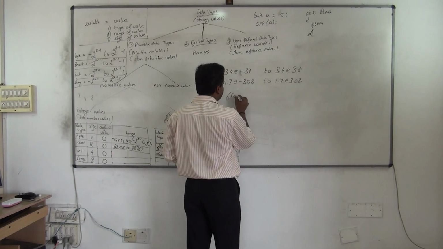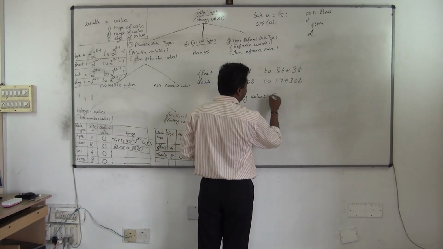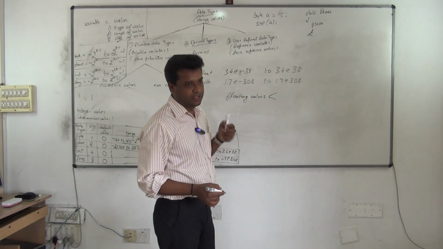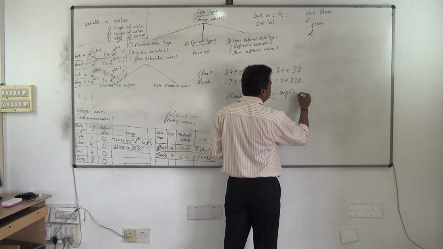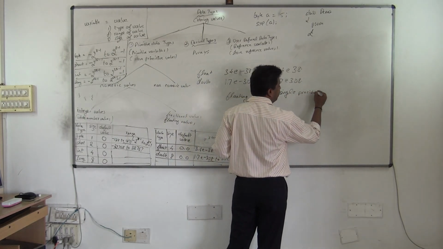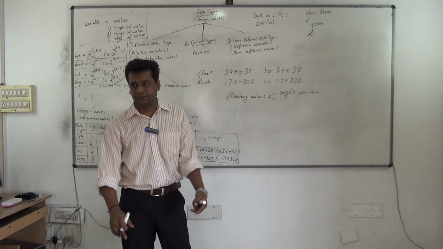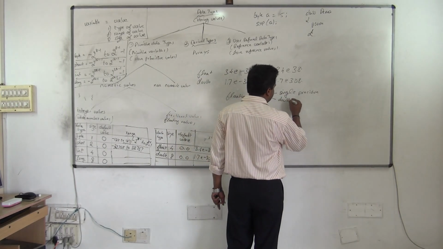First the value you understand, then we'll understand which data type. If you understand the type of value, then you'll understand which data type to choose. One is single precision, then the next one is double precision.